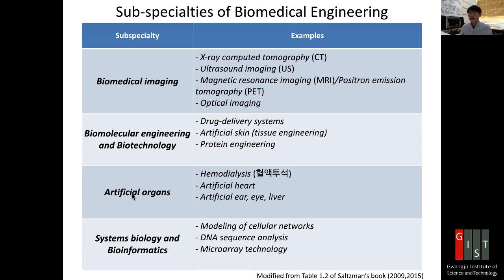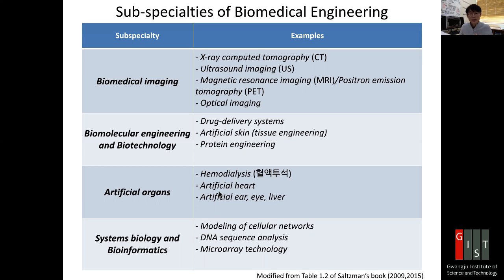Another specialty is artificial organs. For example, we have many vital organs in our body. There are people who have problems in these organs who will require a substitute. For example, a patient with a kidney problem may require hemodialysis, which filters the blood.